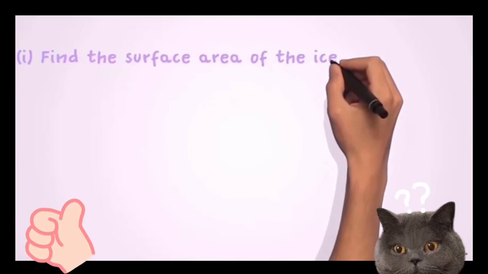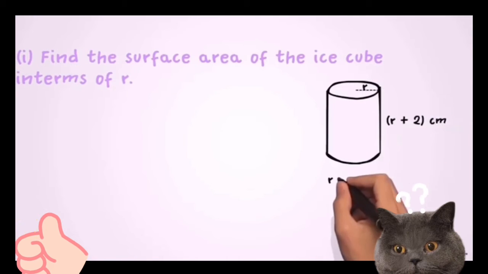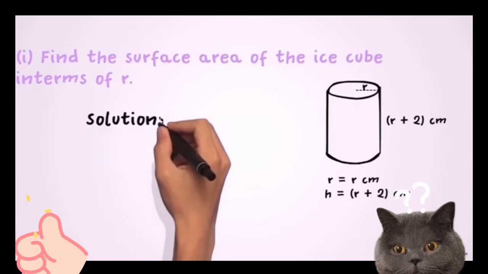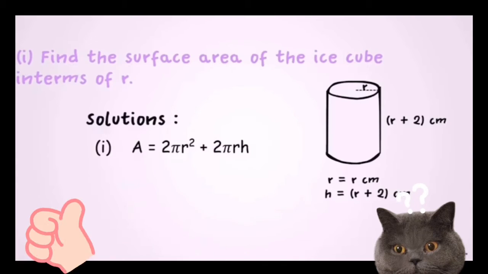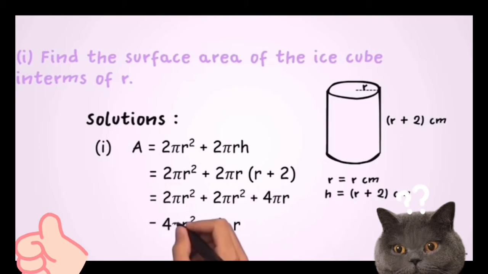Okay. So for question 1, find the surface area of the ice cube in terms of r. Given the radius is r cm and the height is r plus 2 cm, how are we going to solve this question? First, we need to rewrite the surface area of the cylinder formula from the information given. It is 2 pi r squared plus 2 pi r h.